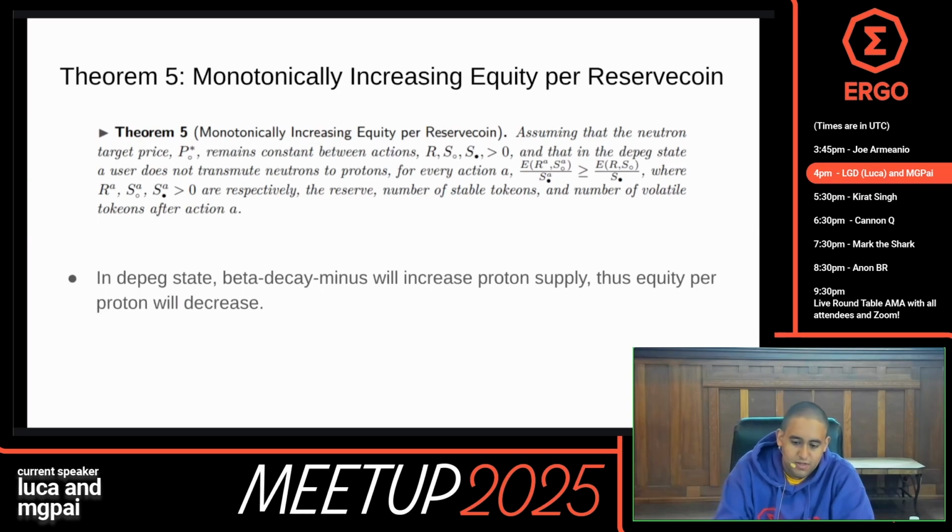And this theorem shows that basically the proton price always increases, assuming the price remains pegged, except in the case when you want to do a beta minus, so converting stablecoins to protons when the reactor is depegged.